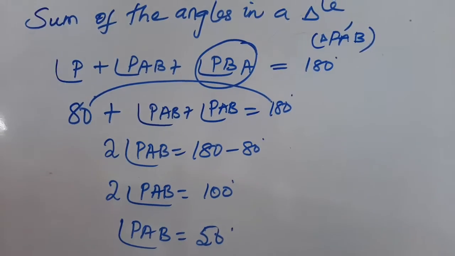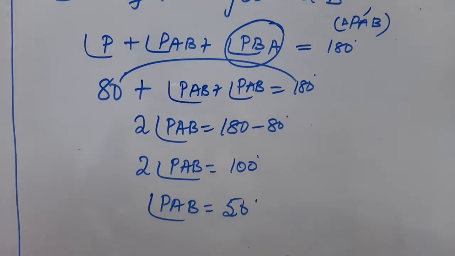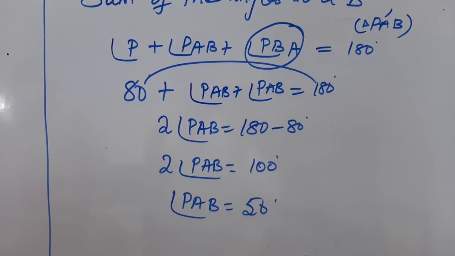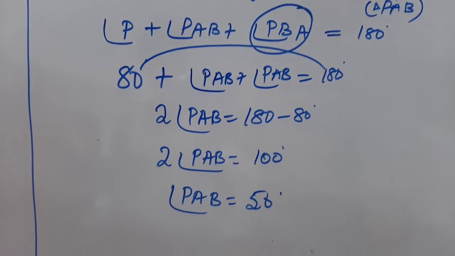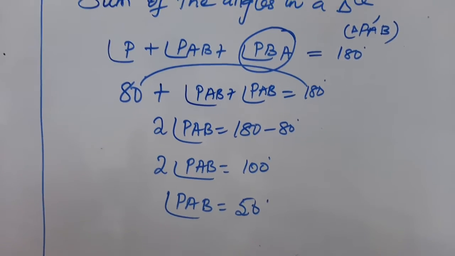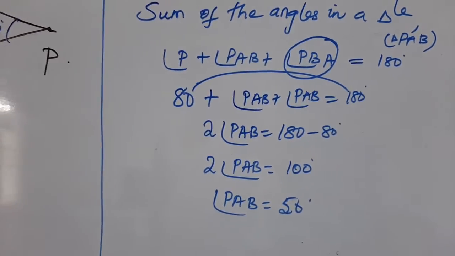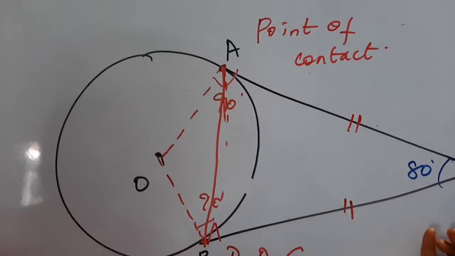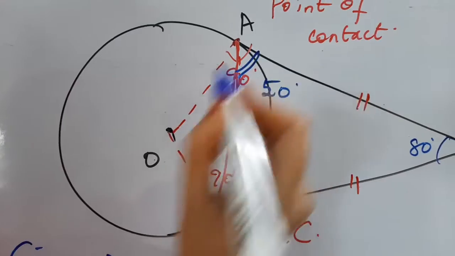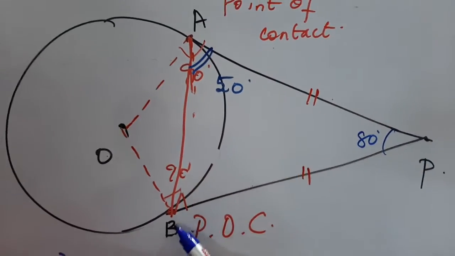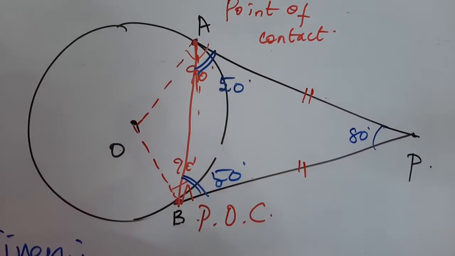So what have we found now? Angle PAB is equal to 50. How did we get this value? By using the angle sum property of a triangle, and since the triangle PAB is isosceles, angles A and B are equal, and we got that value as 50. So look into your diagram now. Angle PAB is 50. Same way, angle PBA, which is equal to PAB, is also 50.